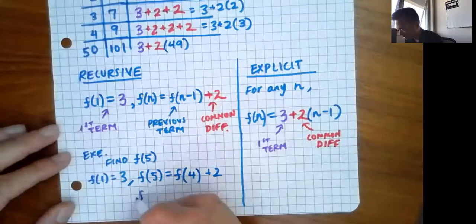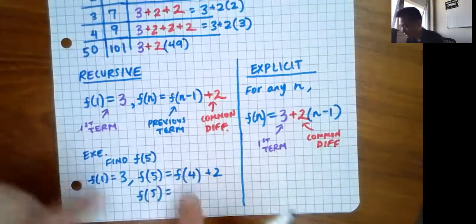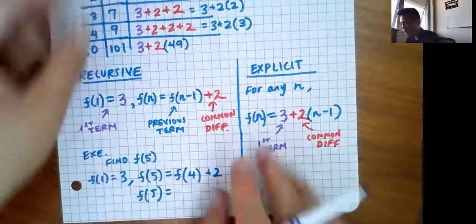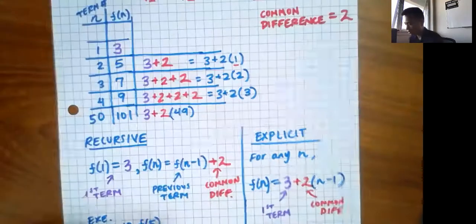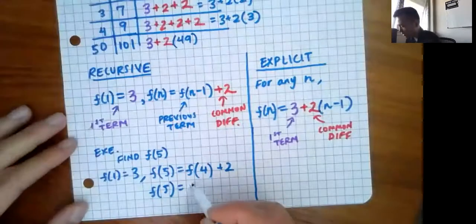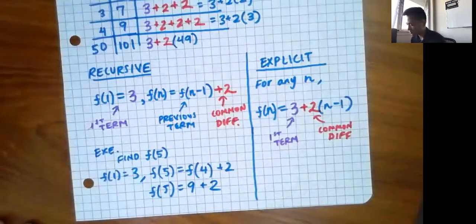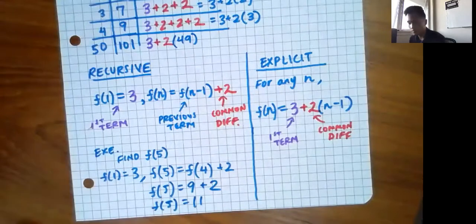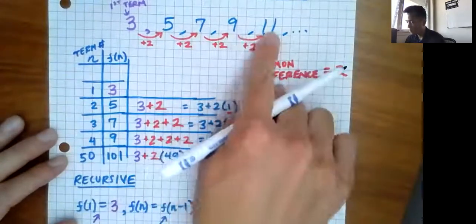Okay, so then I know that f of 5 is equal to, f of 4 is the 4th, this means the 4th term in the sequence. Well, check the table. What's the 4th term in the sequence? 9. 9 plus 2. So f of 5 is equal to 11. The 5th term in this sequence is 11.